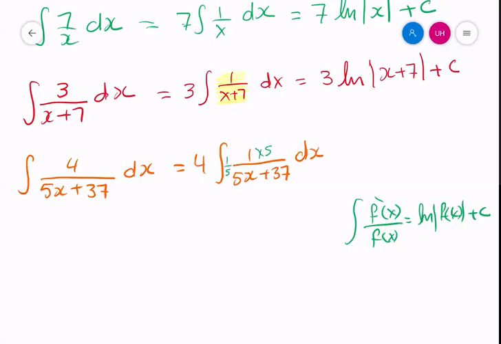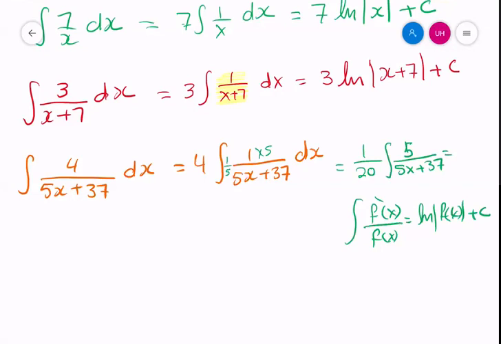That's one way, and the other way I will show you as well. It's like pretending to make this have the derivative at the top and the function at the bottom. You multiply by 5 and you divide by 5. So that's why we get 1 over 4 times 5, which is 20. I can take the 1 over 5 outside, so it's going to be 1 over 20 times the integral of 5 over 5x plus 37.